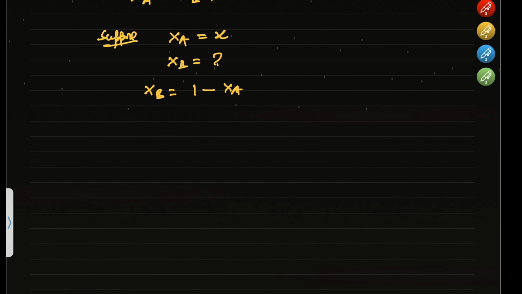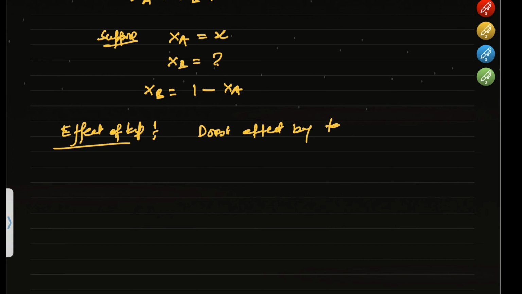Effect of temperature: mole fraction is not affected by temperature, because moles are not affected by temperature.